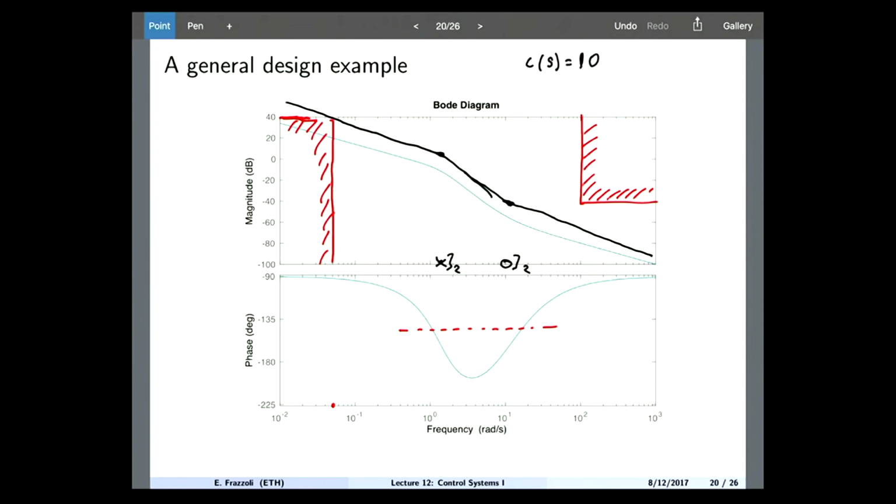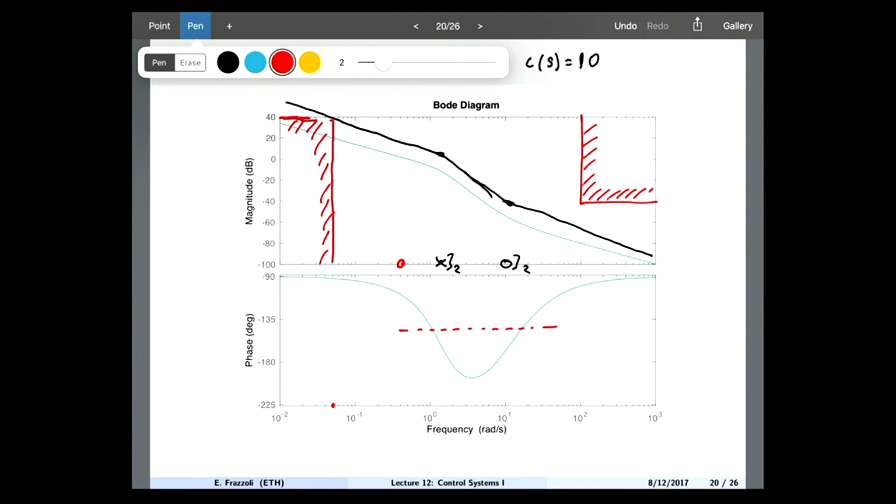So then essentially we can choose a lead compensator where, 2 divided by 5 is 0.4, so we'll be somewhere here.